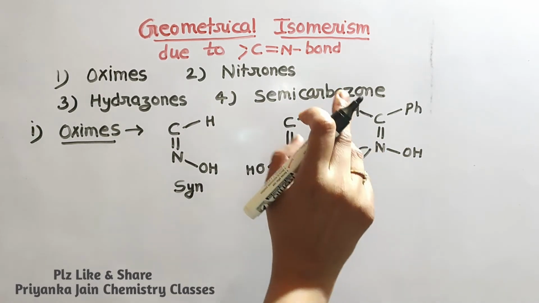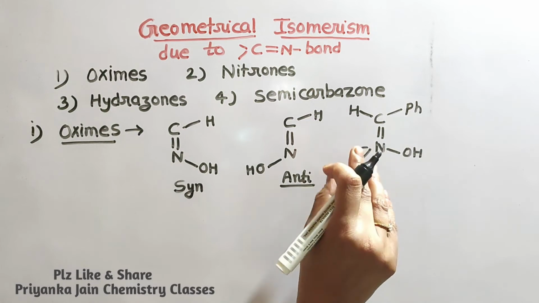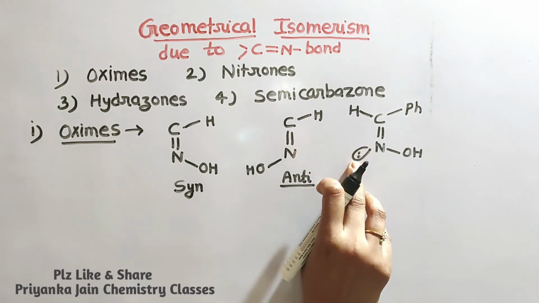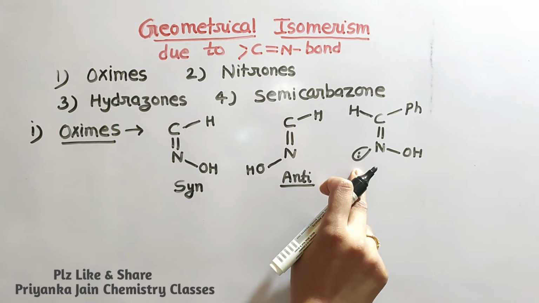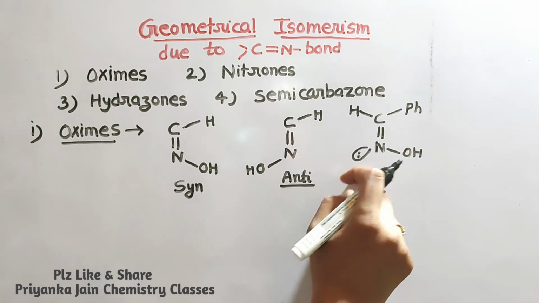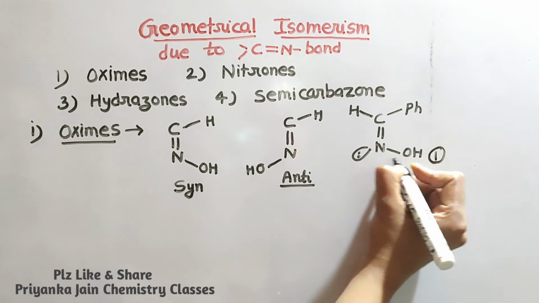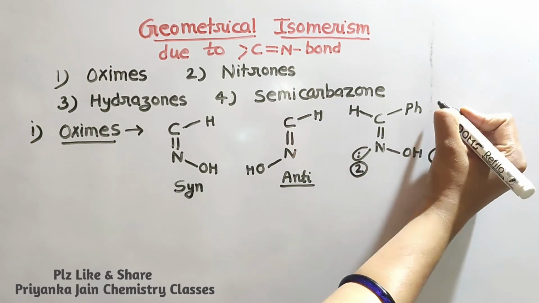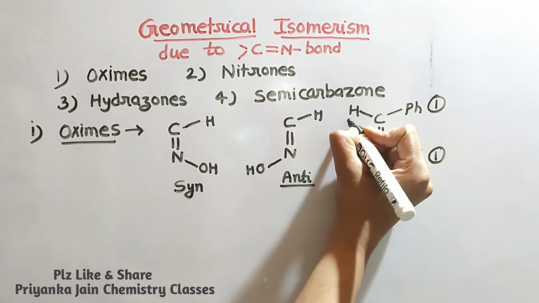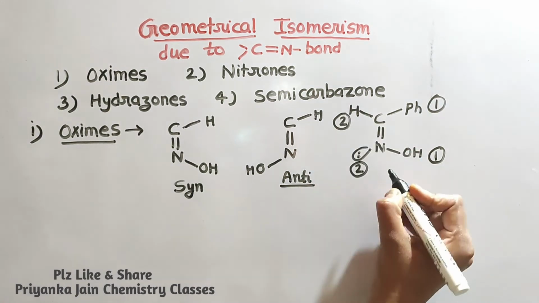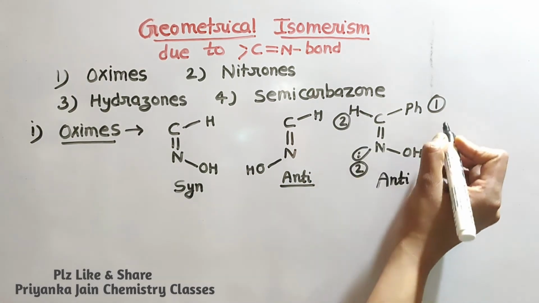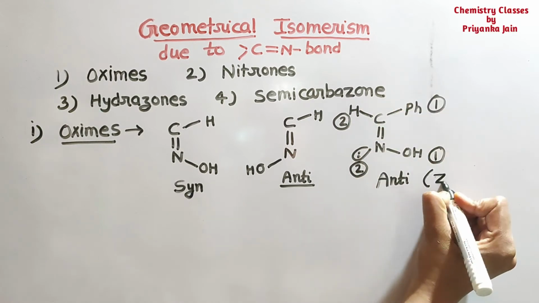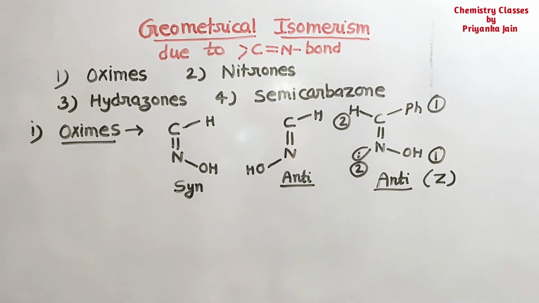You can also see the priority. If there is a lone pair of electrons, it will be given the lowest priority. So first priority will be for this OH group and second for this lone pair. Here the first priority will be for this phenyl group and second for this hydrogen. This will be called the anti isomer, or if you see the priority, this is the Z isomer. But this is the anti isomer.